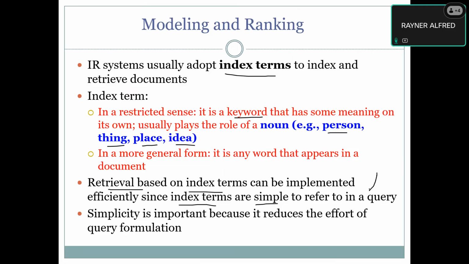But we cannot have too many of these keywords because they will populate our memory. Later on, the conceptualized representation of a document is based on the document and index terms, so we must reduce the number of keywords to represent all the documents.